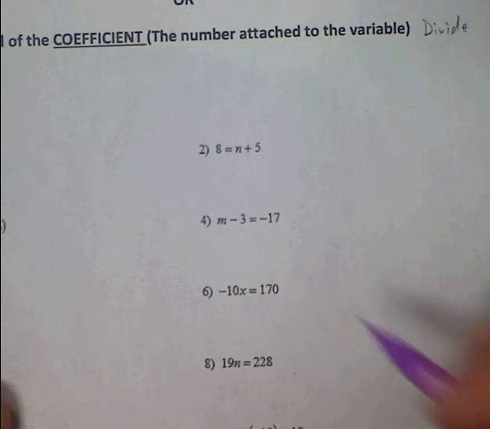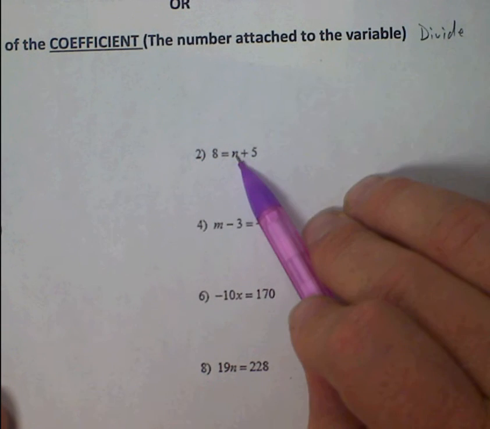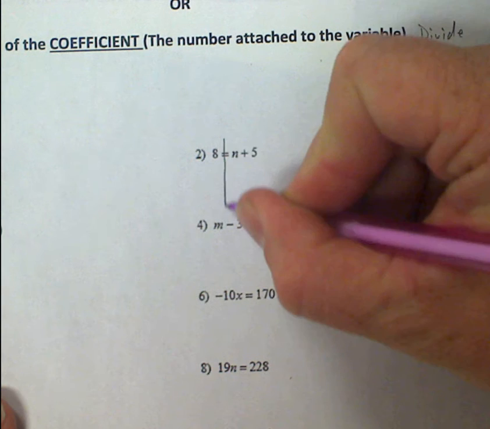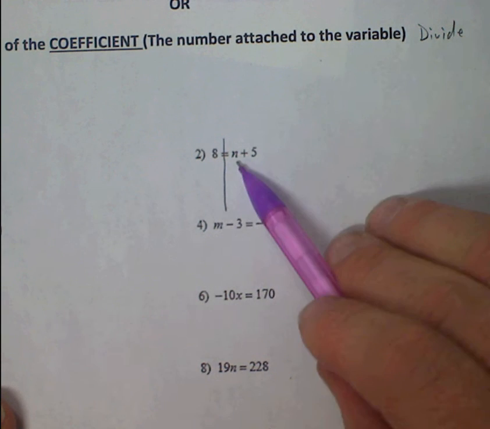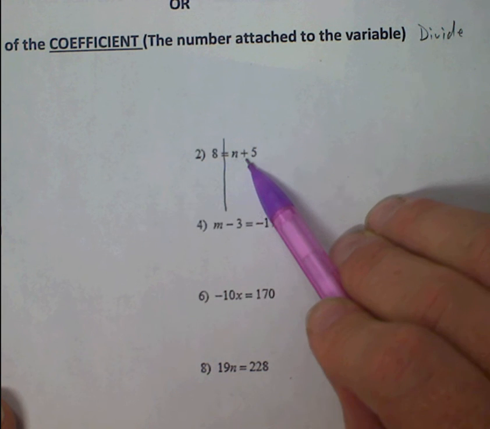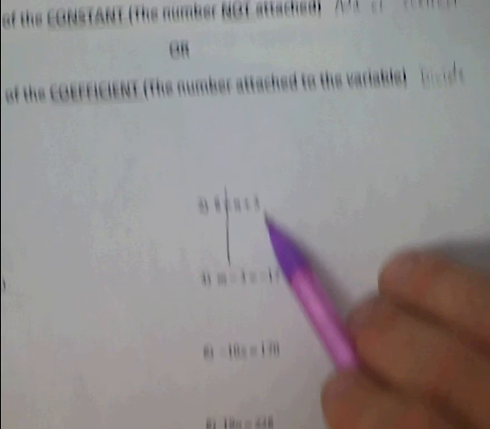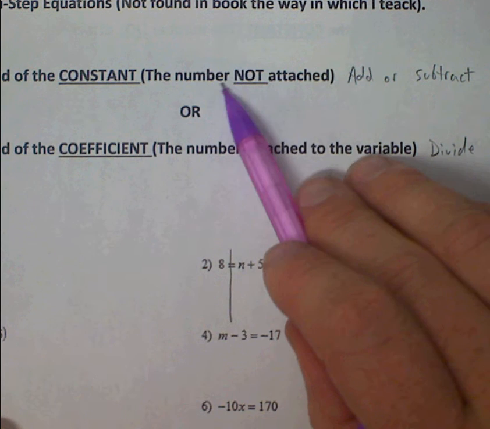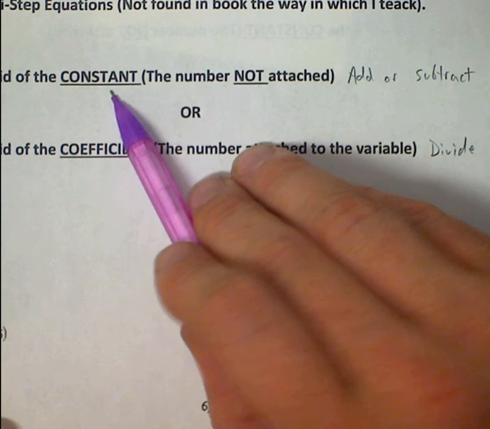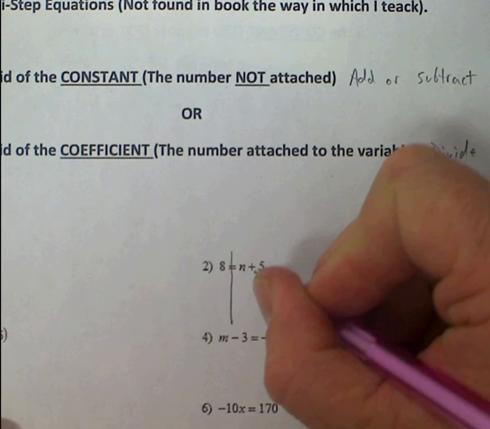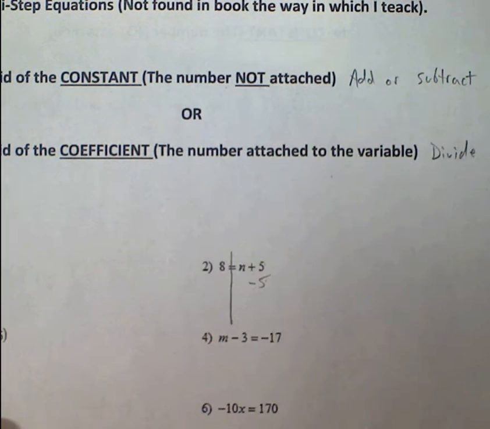On number 2, I'm looking at my variable side. I like to draw a line down to separate my variable side from my non-variable side. n plus 5, so I'm adding 5. Adding 5 is not attached to my variable. Therefore, it is a constant. To get rid of a constant, if I'm adding 5, I'm going to subtract 5.